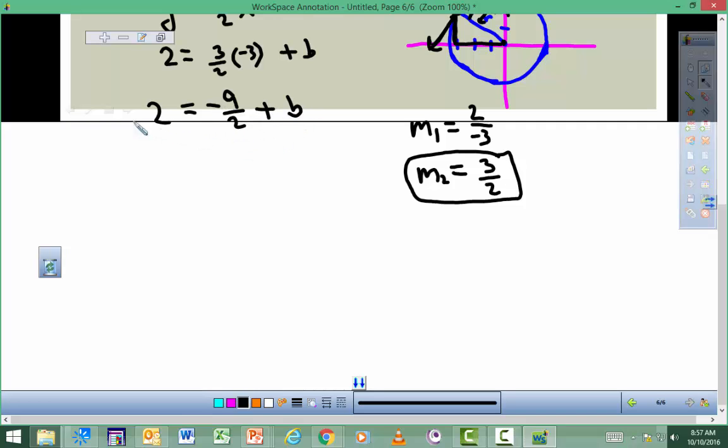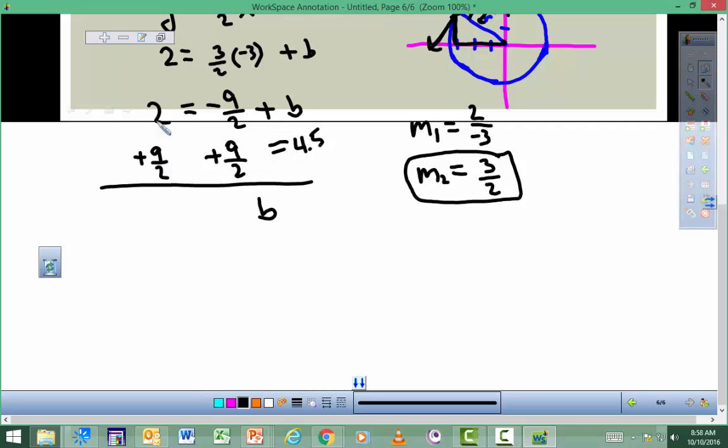And now what I want to do is move this to the other side of the equal sign by adding 9/2. And I'm going to add 9/2 over here. By the way, what's 9/2 equal to in decimal? Goes in there 4.5, right? So that's really 4.5, right?